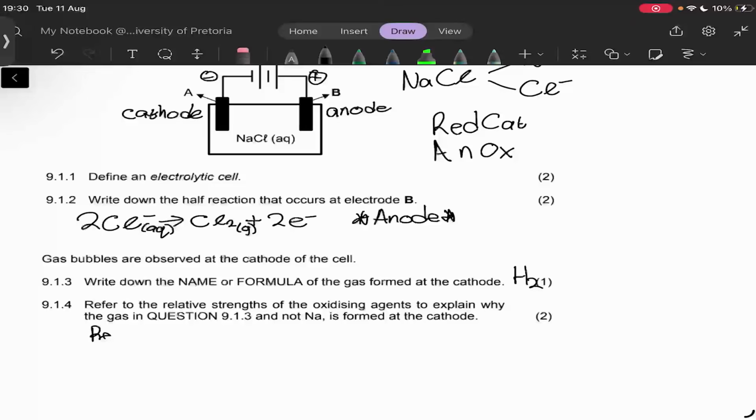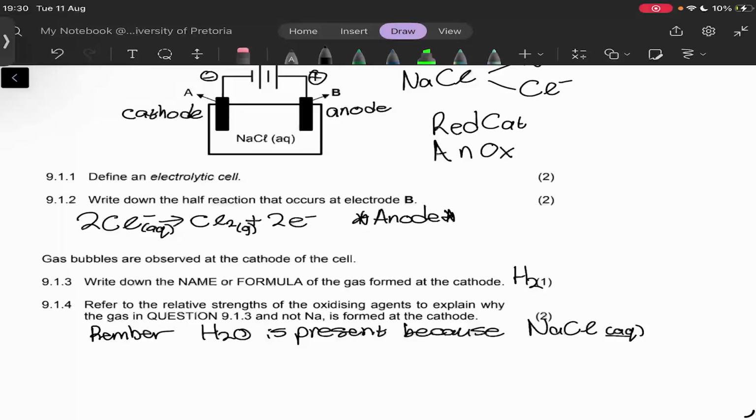You have to remember firstly, H2O is present because NaCl is in an aqueous solution. Oh, I misspelled that. Let me rewrite it properly.